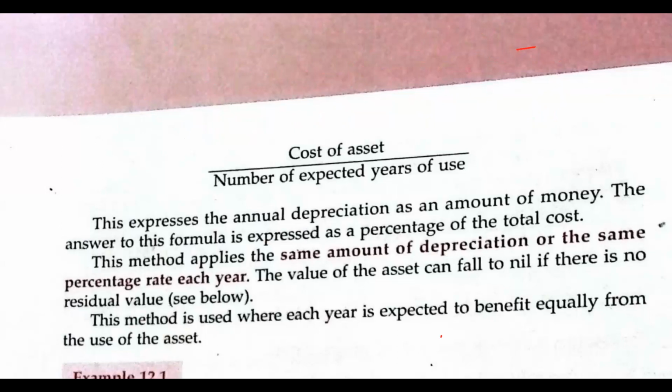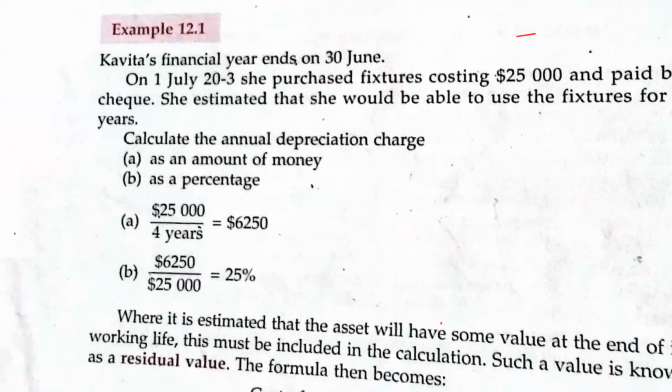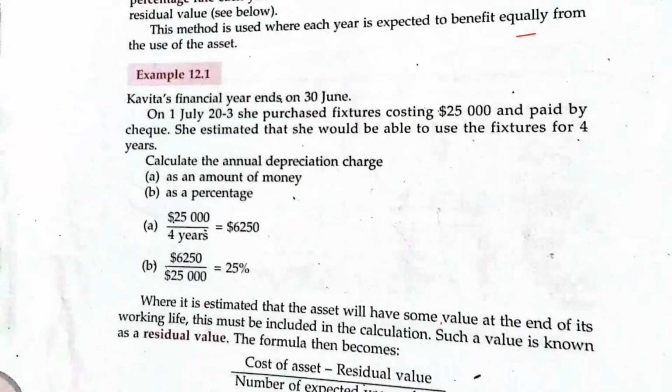And then with this same method, you can still express it in percentages for each year. Let me just show you an example. The financial year ends on 30th of June. On 1st July 2023, she purchased fixtures costing $25,000 and paid by check.